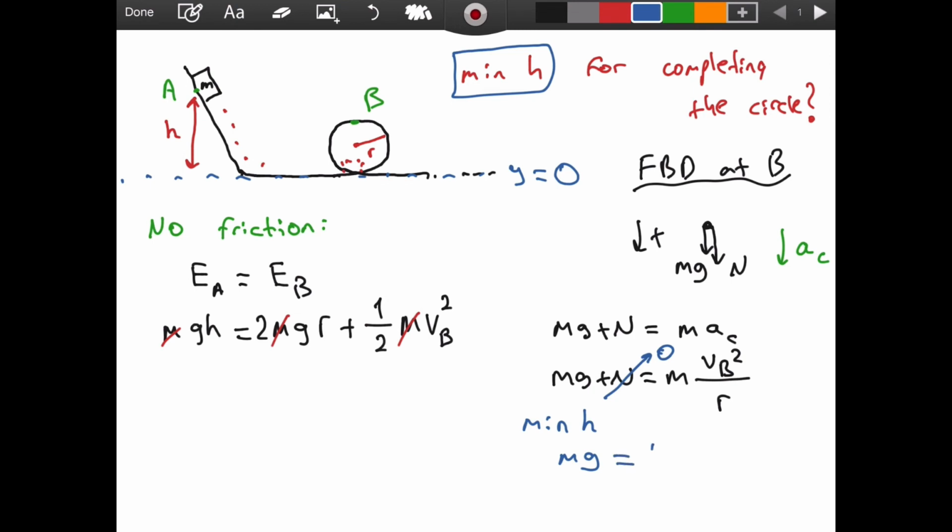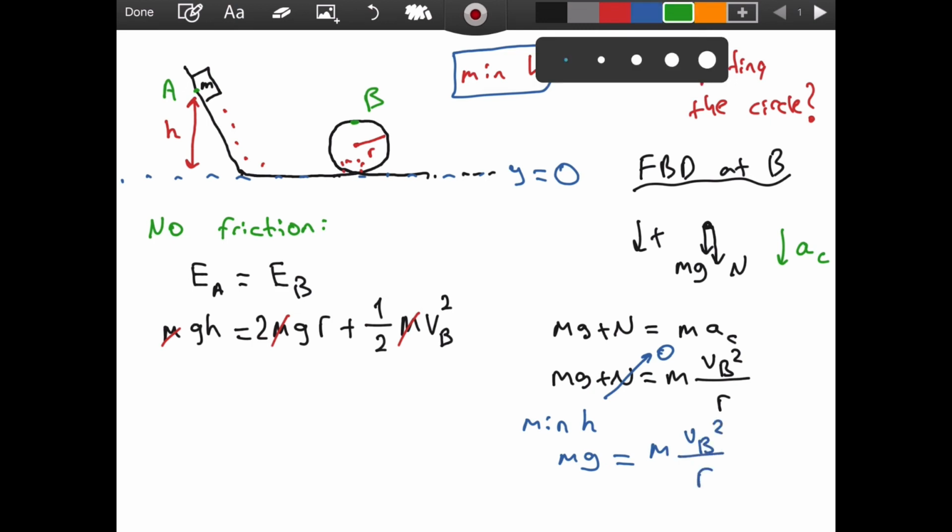This is equal to m vB squared divided by r. Alright, and here we see that the m's cancel, yay! So if we solve for vB squared, we multiply both sides by r to get gr. Cool. And what is left to do? Well, the only thing that is left is substituting it.